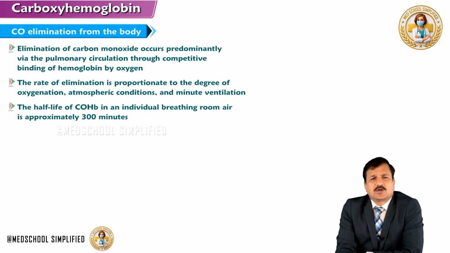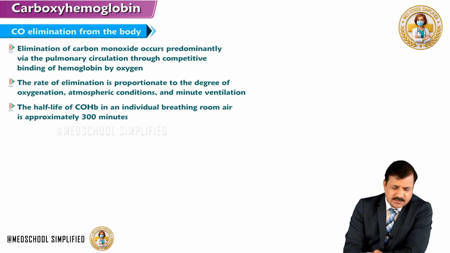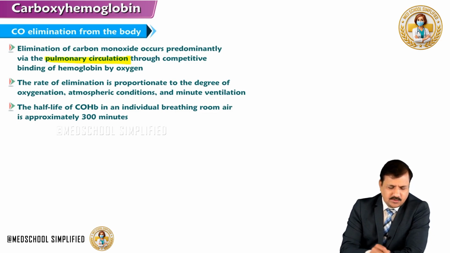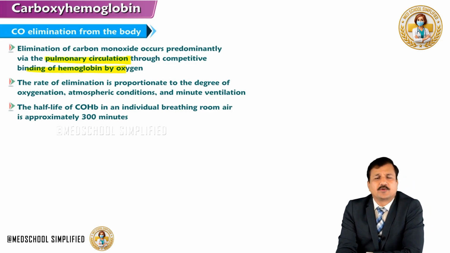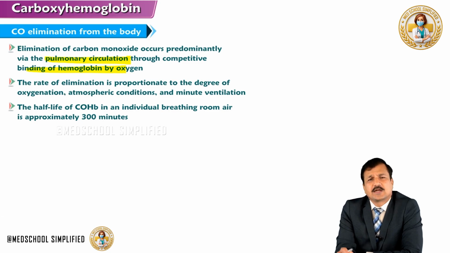Elimination of carbon monoxide by the body. Elimination of carbon monoxide occurs predominantly via pulmonary circulation through competitive binding of hemoglobin by oxygen, and the rate of elimination is proportionate to the degree of oxygenation, atmospheric condition, and also minute ventilation.